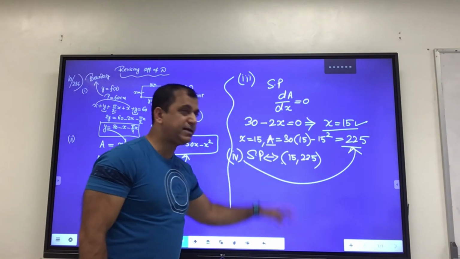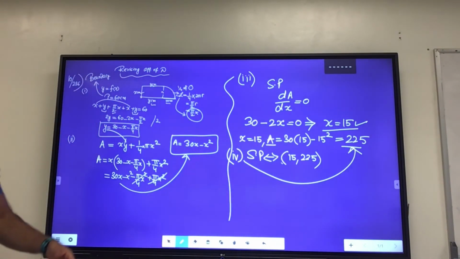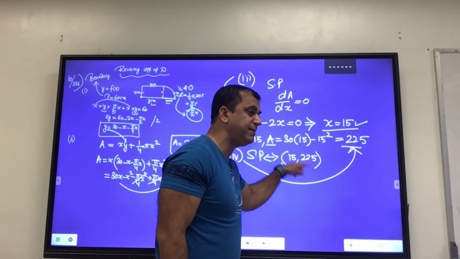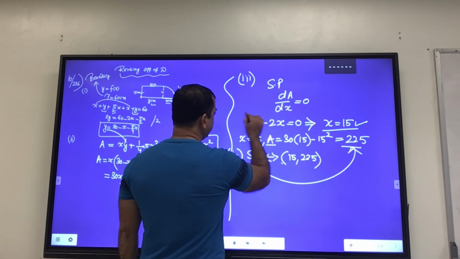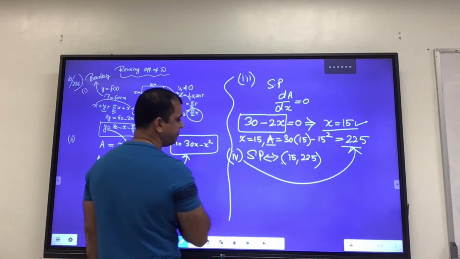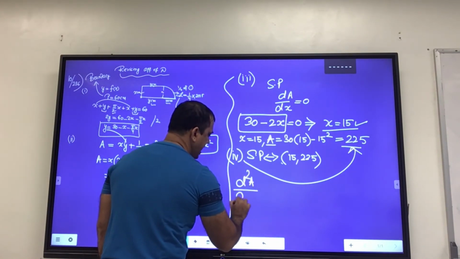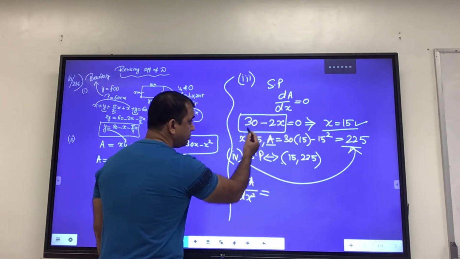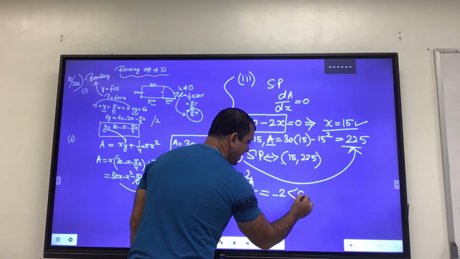Now this point is maximum or minimum. Determine whether this stationary point is maximum or minimum. What should we do? Look at the derivative and find the second derivative from here. So d2A/dx2 is equal to 0 minus 2, which is minus 2 and it's negative.